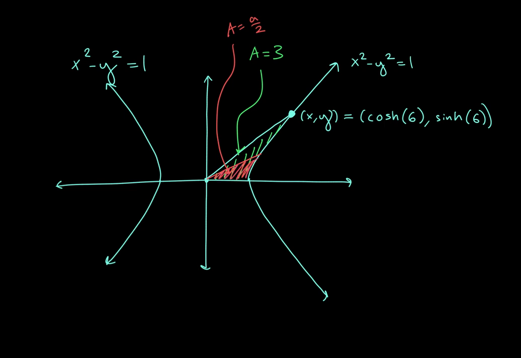If this red area was a/2, then this other point (x, y) would be, by definition, the cosh of a, comma, the sinh of a. All right, so that's like a geometric definition of these guys.